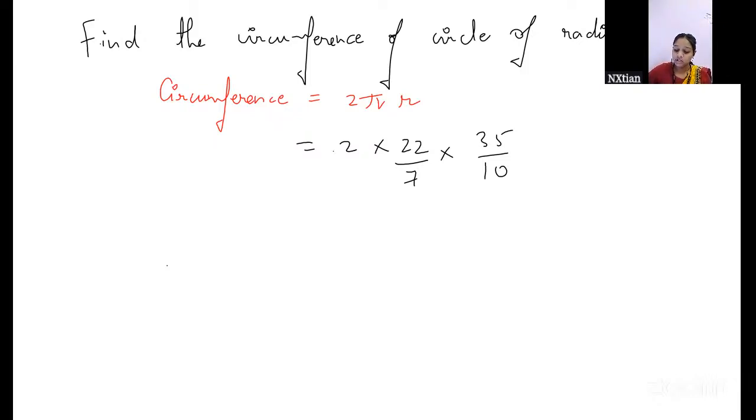Now cancel. 2 ones are 2, 5 twos are 10. 5 ones are 5, 7 ones are 7. So we are only left with 22. So the circumference is 22 centimeters.